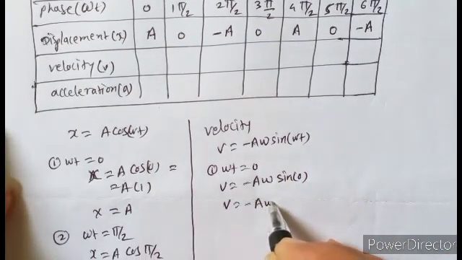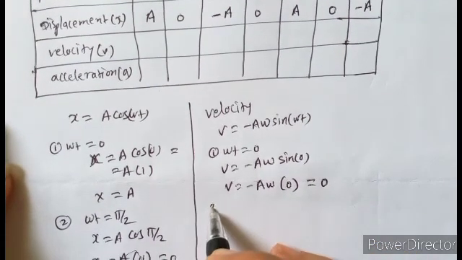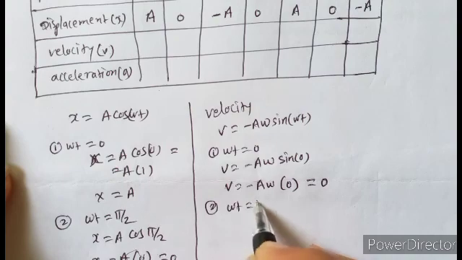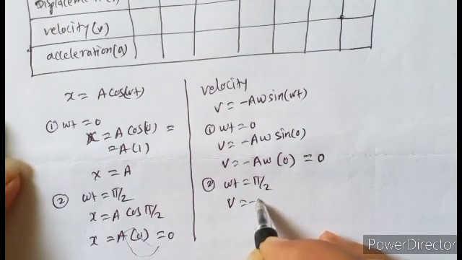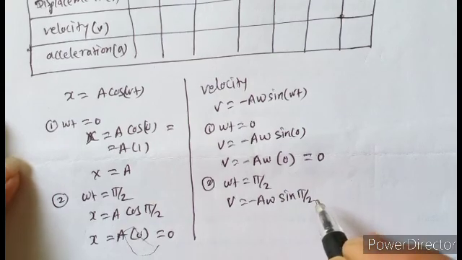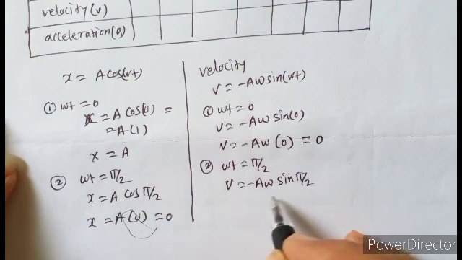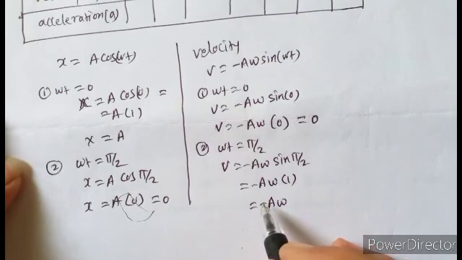So minus a omega into 0, which is equal to 0. Second value, when omega t is equal to pi divided by 2, v is equal to minus a omega sine pi divided by 2. Since sine pi divided by 2 is 1, so minus a omega.